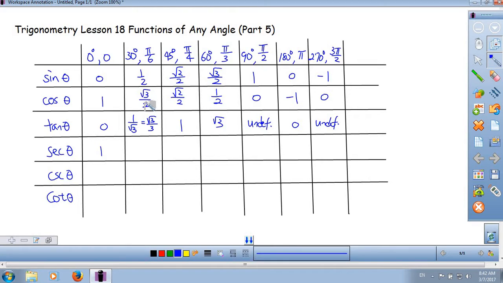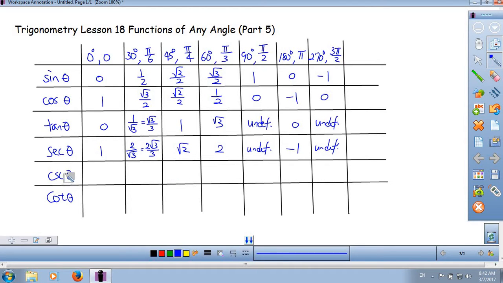The reciprocal of square root 3 over 2 is 2 over square root 3, but if I rationalize it, it can be written as 2 square root 3 over 3. The reciprocal of square root 2 over 2 is just square root 2. The reciprocal of 1/2 is just 2. The reciprocal of 0 is undefined, there's no reciprocal of 0. The reciprocal of -1 is -1. The reciprocal of 0 again is undefined.